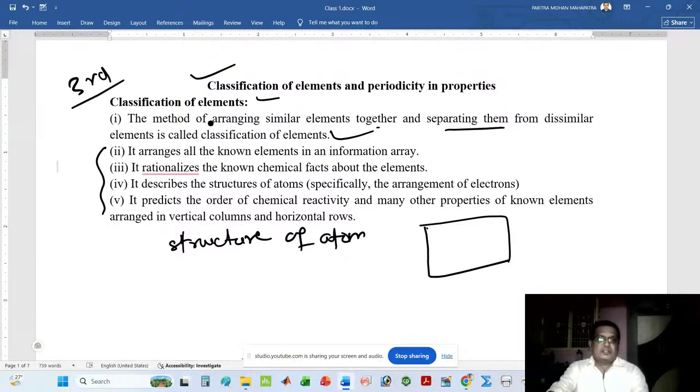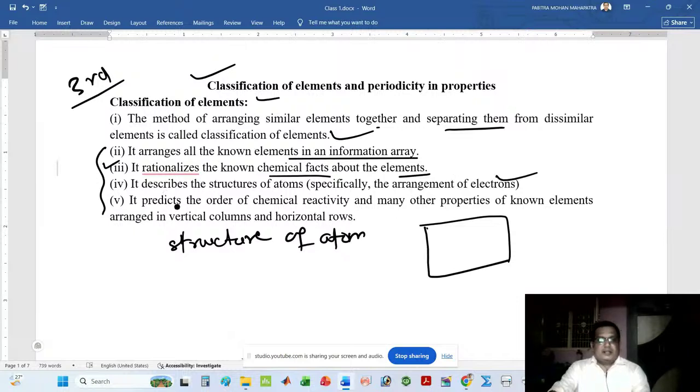It arranges all the known elements in an information table. Second, it rationalizes the known chemical facts about the elements. Third, it describes the structure of atoms, specifically the arrangement of electrons.